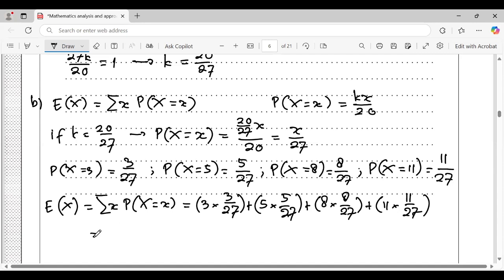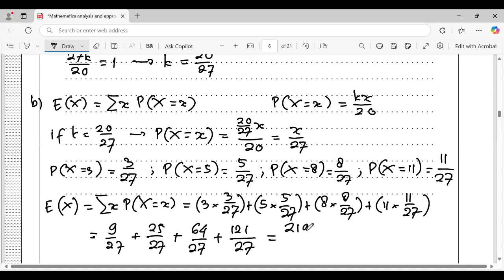And if you calculate, 3 times 3 is 9 over 27 plus 25 over 27, because 5 times 5, 8 times 8 is 64 over 27, 11 times 11 is 121 over 27, equals 219 over 27.